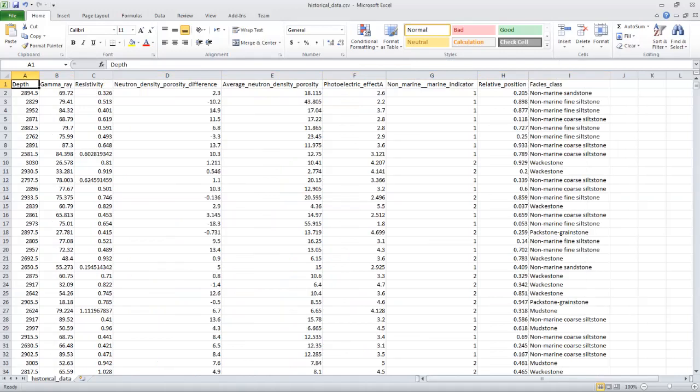So you can see we have various measures of different kinds of indicators here. In the oil and gas industry, analyzing well-logged data is very important, especially to predict Facies classes.